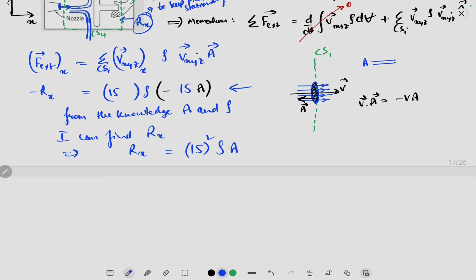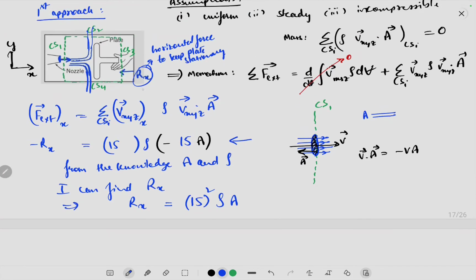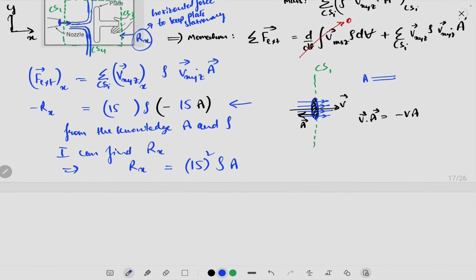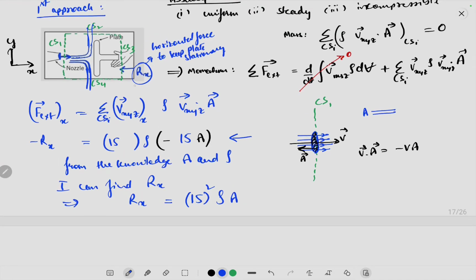Okay, now this we got as positive. What does this mean? This means that the sign of the vector that I used in the negative x-axis is correct. If I would have got a negative sign over here, this would have meant that the sign of this Rx that I have taken is incorrect.